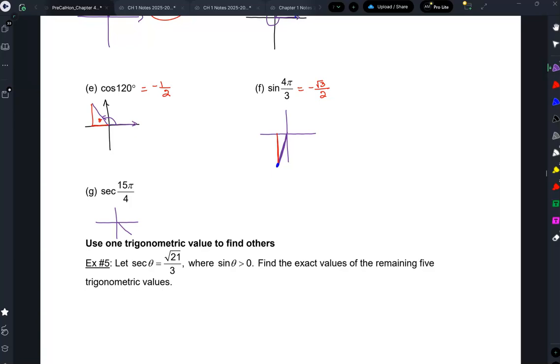So then what would the secant be? Root 2. No, because remember it's cosine, so it's positive going this way. The x is positive going this way. So 9, 11, 13. Right? Cosine is positive that way, and then sine is negative.